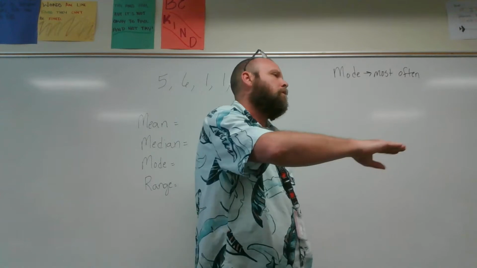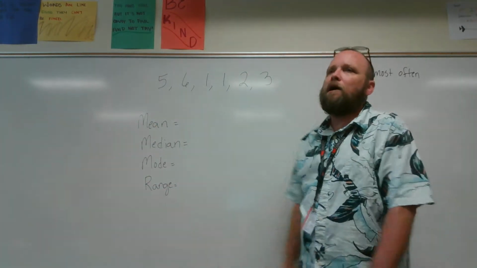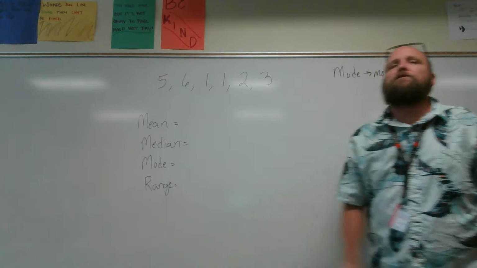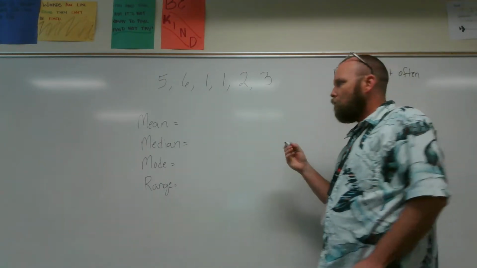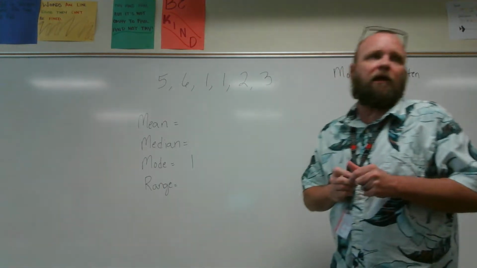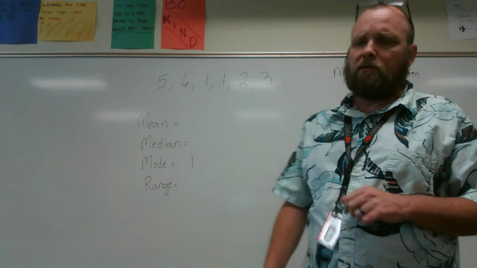All right, so Victoria, you are doing the mode. Which number in this data set shows up the most? One. So the 1 shows up more than any other number in this data set.